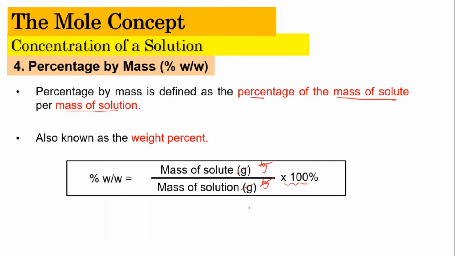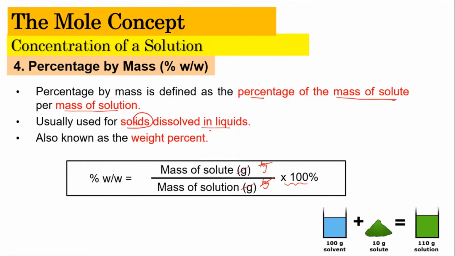The percentage by mass is usually used for a situation where a solid dissolves in a liquid. You might remember a usual structure looking like this, where a solute, when placed inside a solvent, for example water, dissolves in the solvent in order to produce a solution.